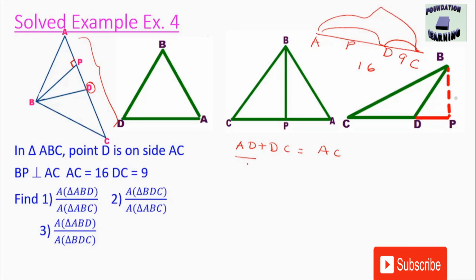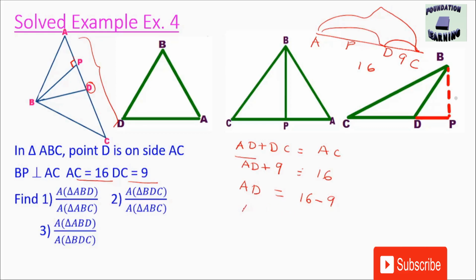So AD is how much? We don't know, so we will write AD as it is. DC is 9, and AC is 16, which is given. Now AD is equal to, we'll take 9 this side, so plus 9 will become minus 9.